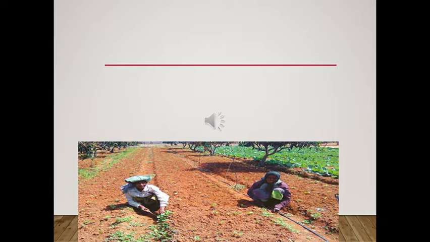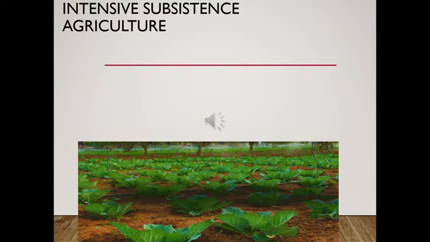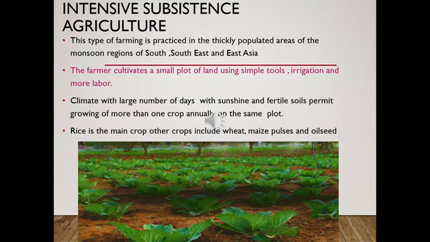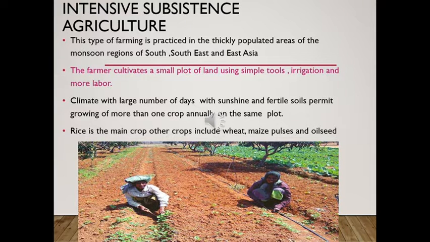Intensive subsistence agriculture. This type of farming is practiced in areas of high population pressure on land due to growing population and right to inheritance. It is labor intensive farming.